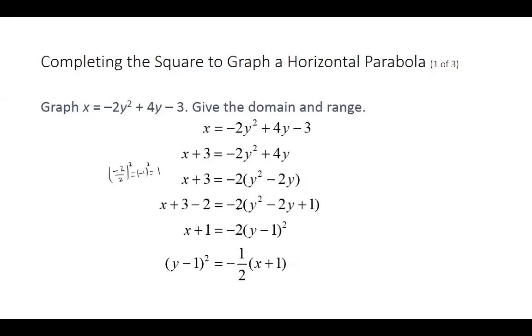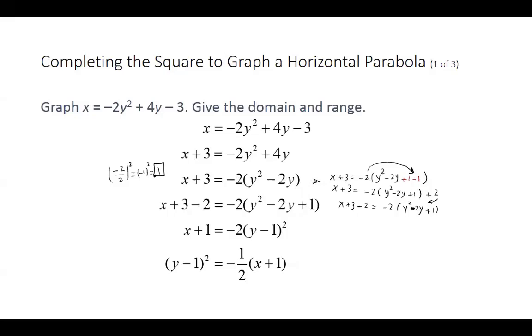I hope everybody can see this. Here we have to add and subtract 1 inside the parentheses, and when you distribute the -2, you can see that it would come out as 2 on the other side. Okay, so let me write this part. Over here I have x plus 3 on the left-hand side. On the right-hand side I have -2 times y squared minus 2y.